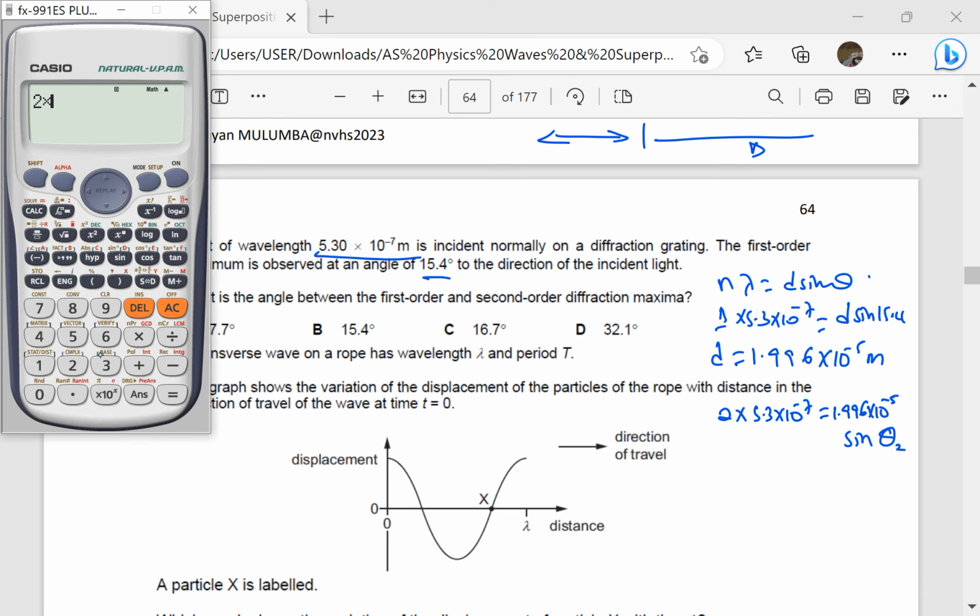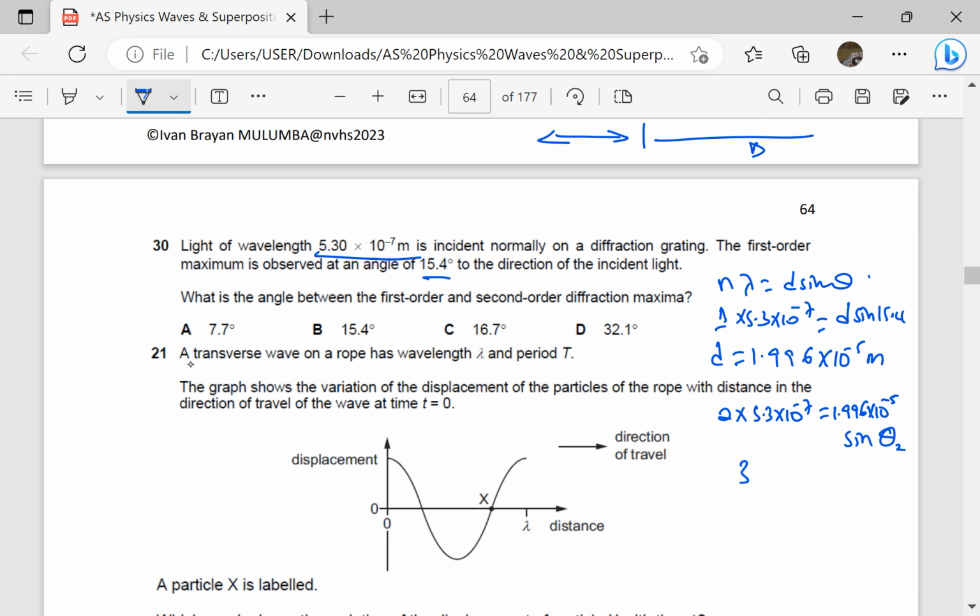So you have 2 times 5.3 exponent negative 7 divided by 1.996 exponent negative 6. Then get the sine inverse. So theta 2 is 32.1 degrees.